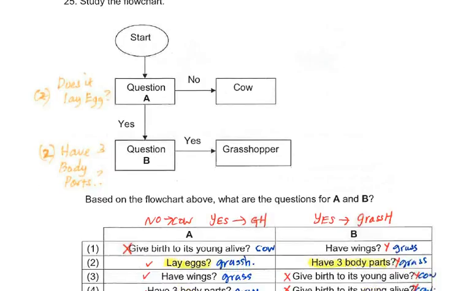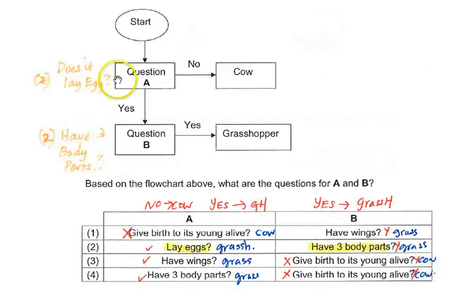Now study the flow chart. Does it lay eggs? Okay. Have 3 body parts over here, the question. Okay, I need to put the question over here so I can answer. Now you may start putting them in one by one, and you answer them.